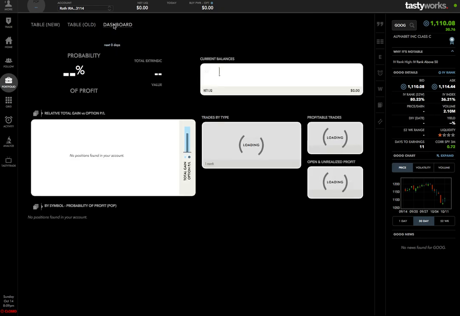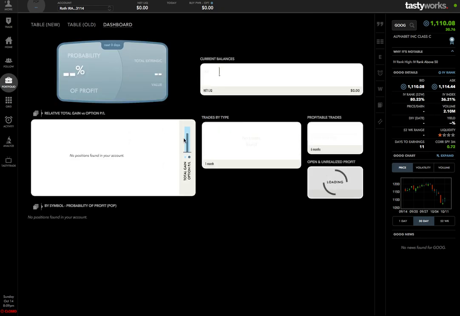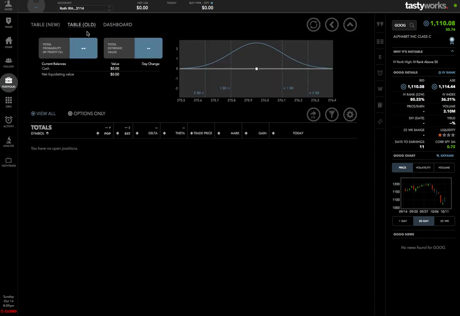Or you could go to a dashboard, which will give you a whole summary of what's going on, your gain and loss for all your stocks, your current probabilities of in the money or of profit, your balances, your trades, your profitable trades, your unrealized and open profits. Okay, I like to keep mine on the old table.